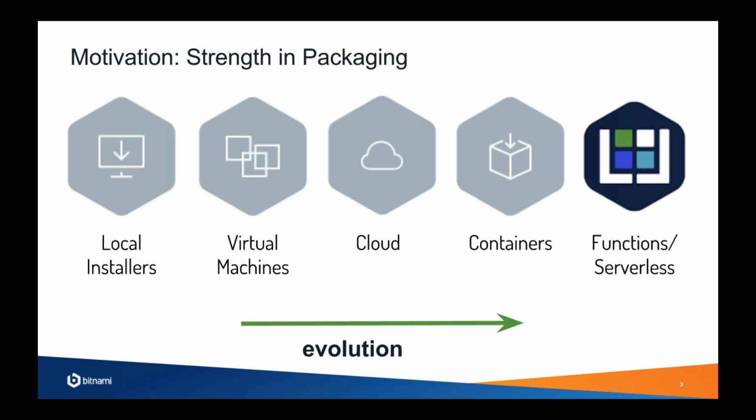We're also doing functions because we see this as the next step in application architecture. When you look at this entire spectrum of application formats, we want to help our customers migrate from one format to another. We want to do this also on Kubernetes, so whatever the format of the app you want to deploy on Kubernetes, we want to be able to help you.